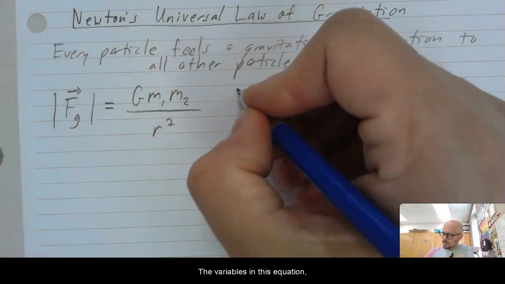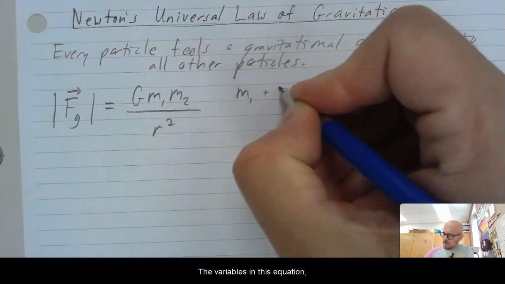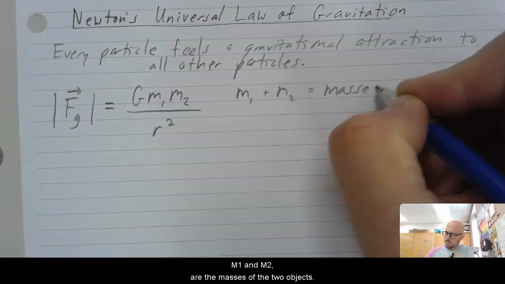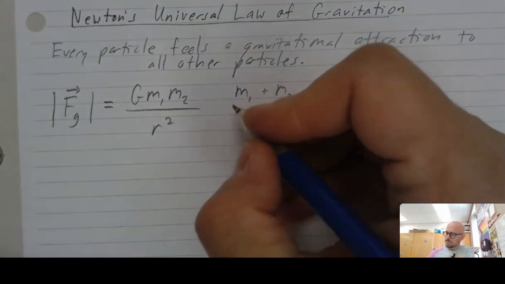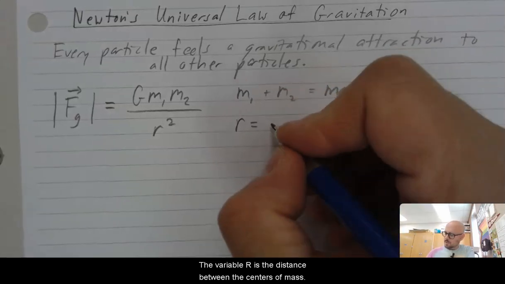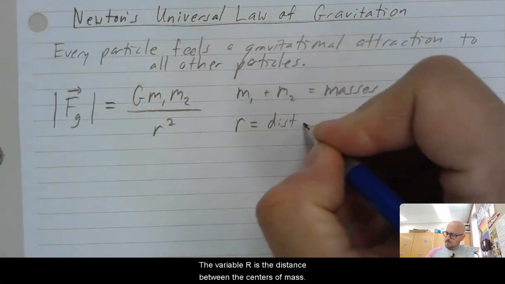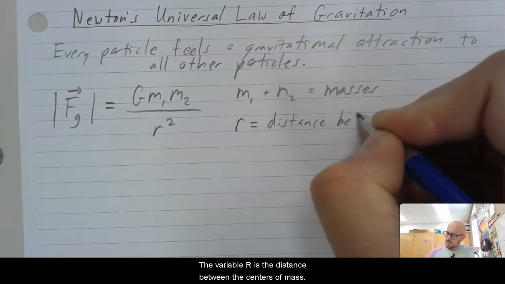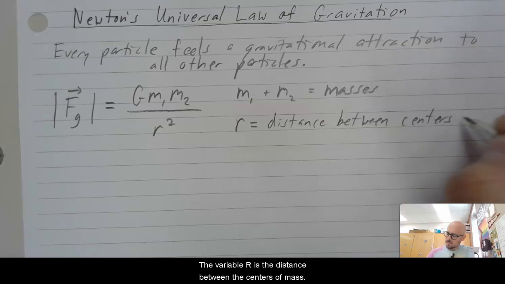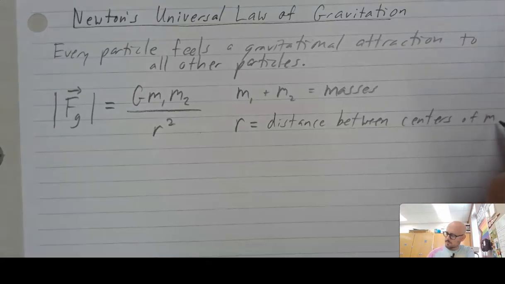The variables in this equation, m1 and m2, are the masses of the two objects. The variable r is the distance between the centers of mass.